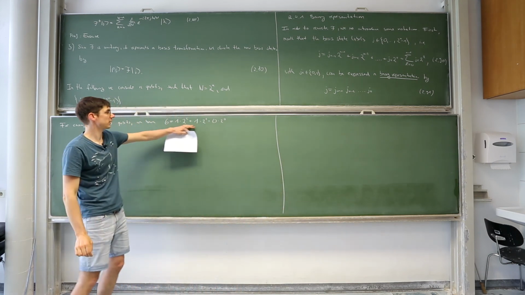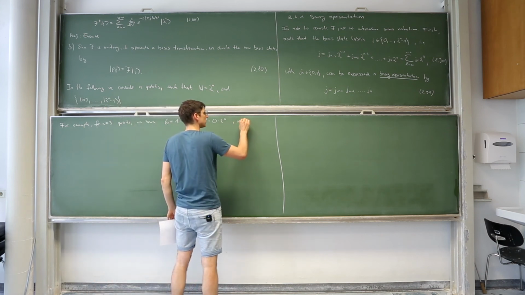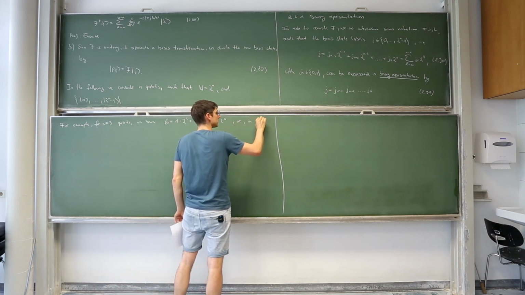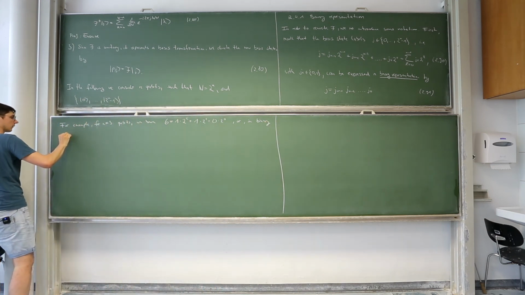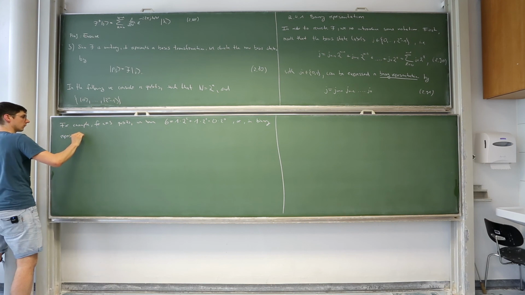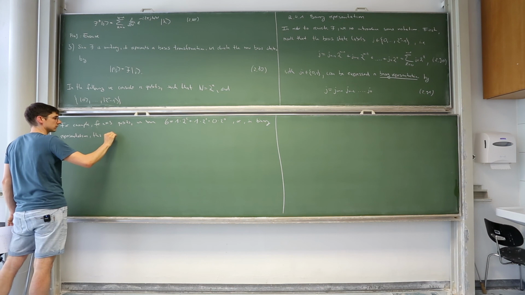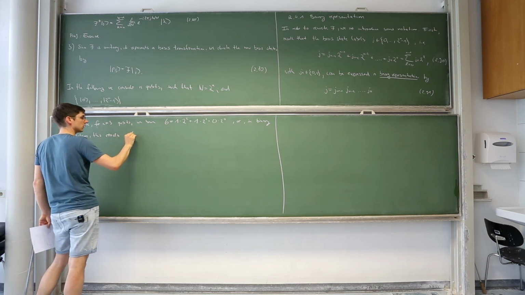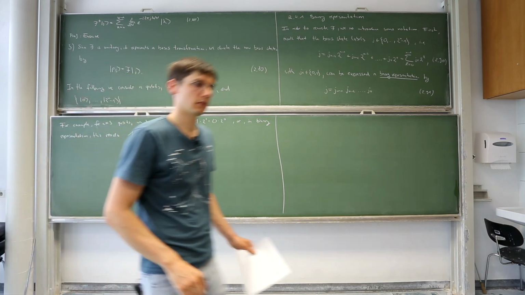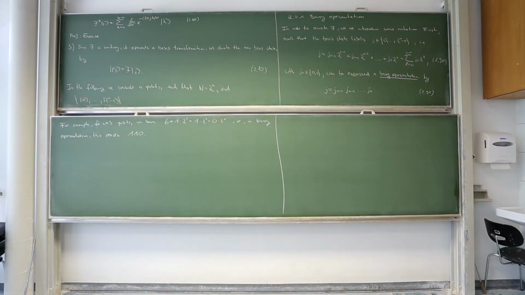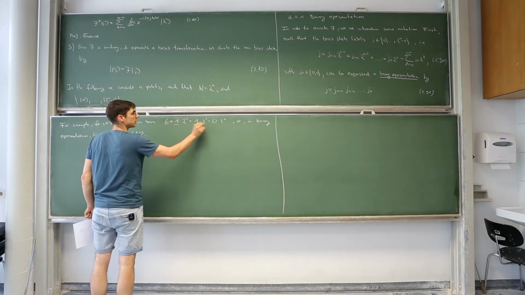So it's 4 plus 2. Or in binary representation, this reads 1, 1, 0. So there we simply write these coefficients.